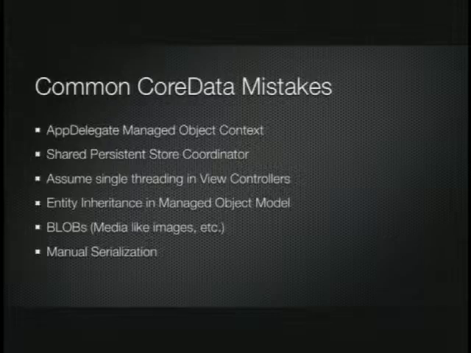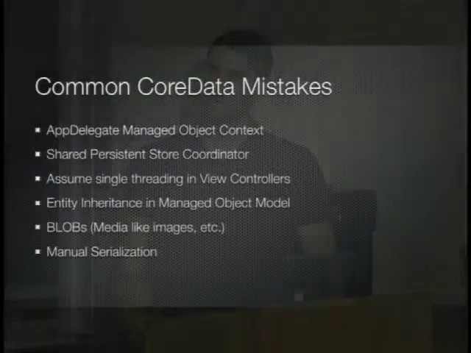So if you want true concurrency and true write-through performance, then you need to have multiple persistent store coordinators. There isn't much overhead to having multiple, so a lot of times it's better to go with more than less. If you have questions about which one is right, then you can instantiate a managed object context with a shared one for, say, a view controller or some other pieces of shared code.